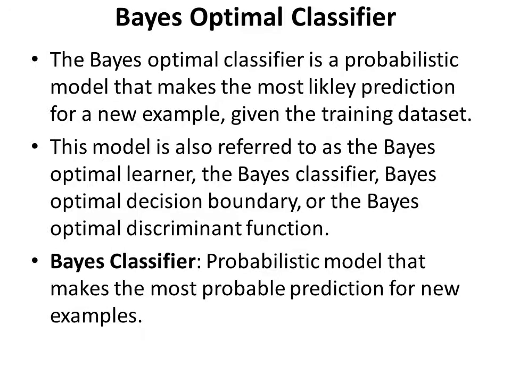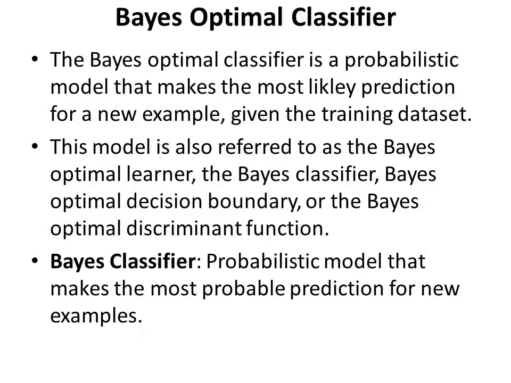And coming to the next classifier, Bayes optimal classifier. The Bayes optimal classifier is the probabilistic model that makes the most likely prediction for a new example. So here, this model makes the most likely prediction for a new example when the training data set is given.